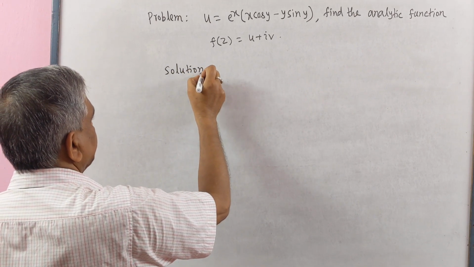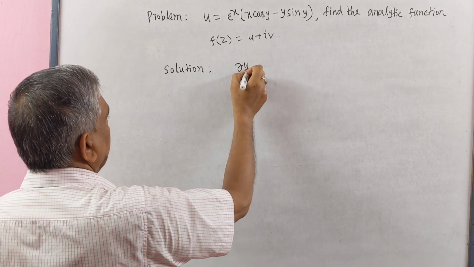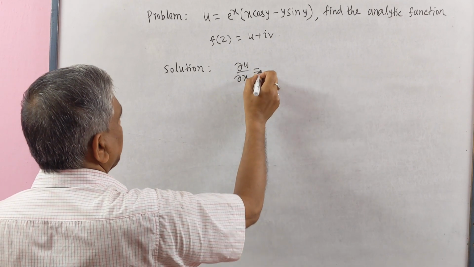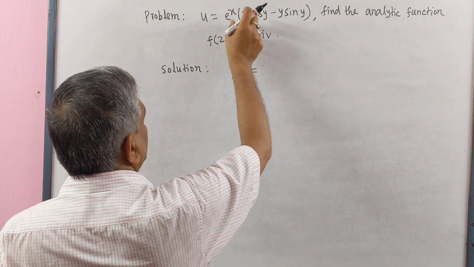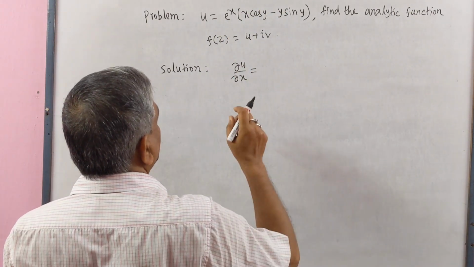Solution. ∂u/∂x equals the product of two parts.